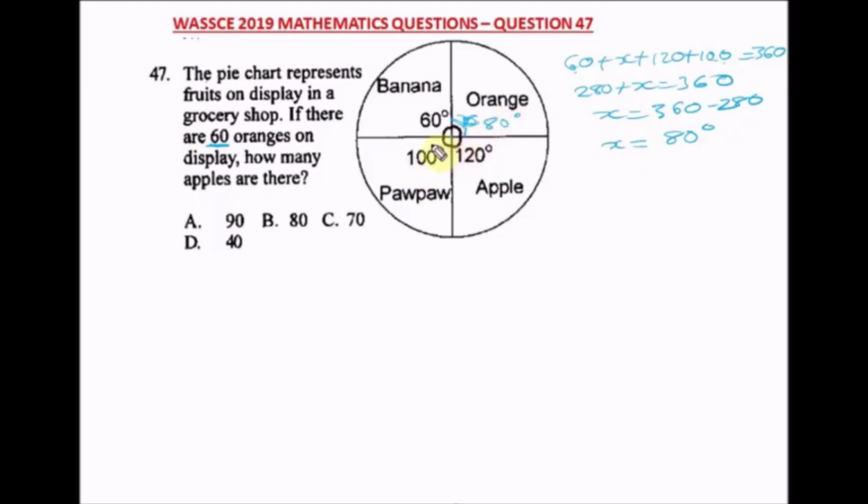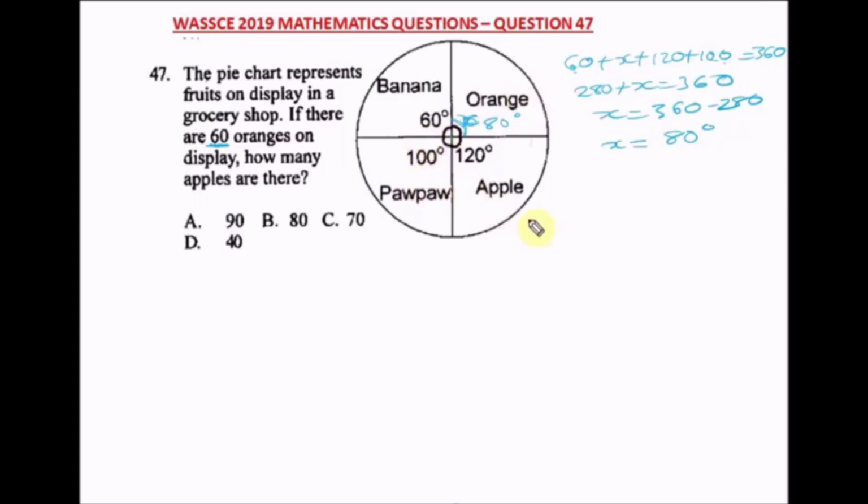Now coming back to the question, it says if there are 60 oranges on display. So we've been given a hint here. If we know the amount of orange on display and we know the angle of the orange on the pie chart, it is easy for us to find the total number of fruits.